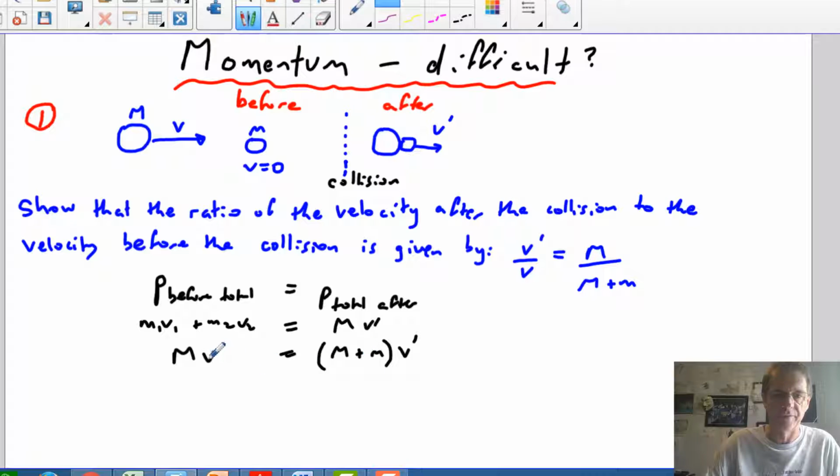If you cross these over, you bring the v down here to get v dashed over v, and on the other side you have the m divided by m plus M. So you end up with m on the top and m plus M on the bottom, which is all you needed to do. It's actually a lot easier than you think when you first look at the question. So go through the routine of using the conservation law, write down your typical things, substitute what you've got, and rearrange for the right quantity.